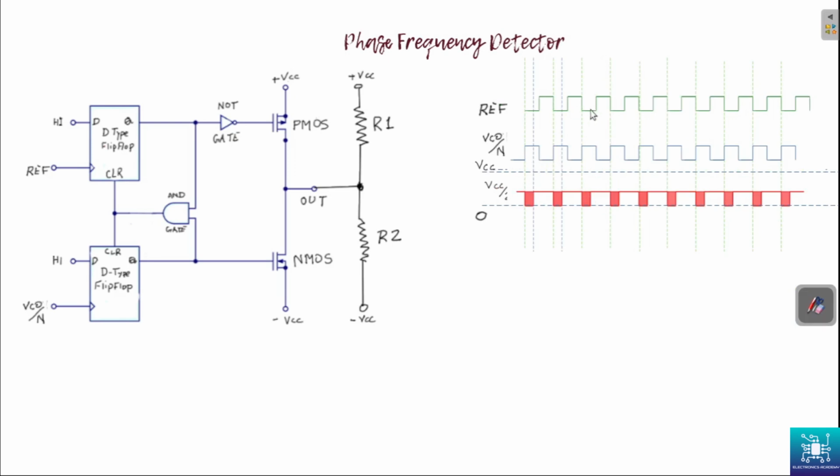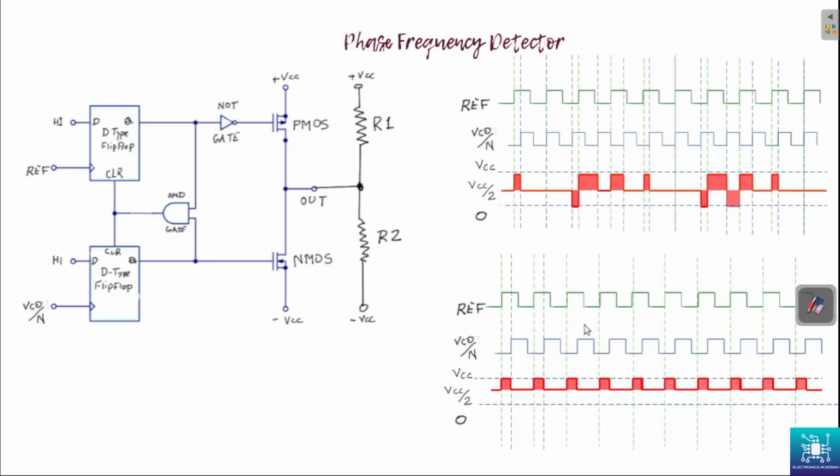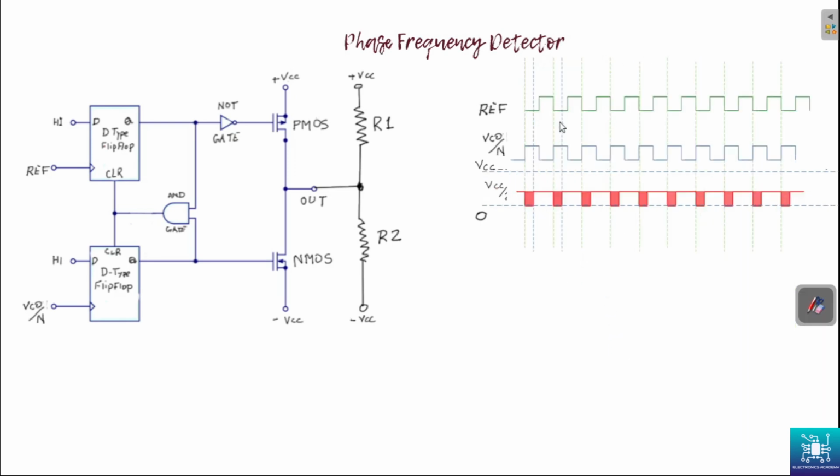Now, if the second signal is leading the first signal, with the same frequency, you get a pulse train with all negative values. So this is VCC, this is 0, and this is VCC by 2.